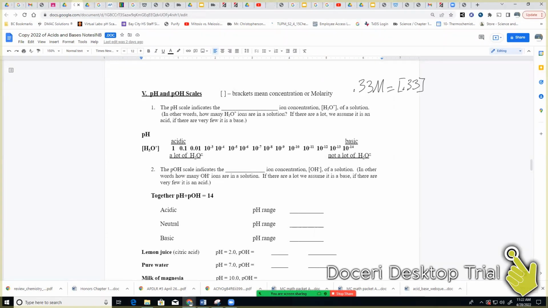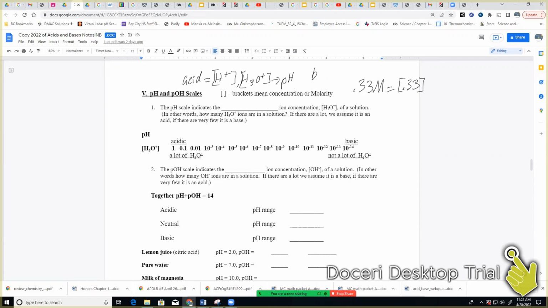Remember again that if we are dealing with acid, we're interested in the H plus concentration, or we might see it as H3O plus. And from that, I can get the pH directly.